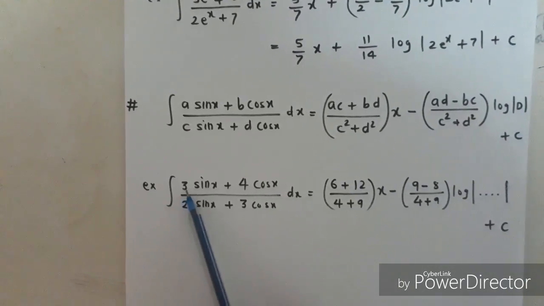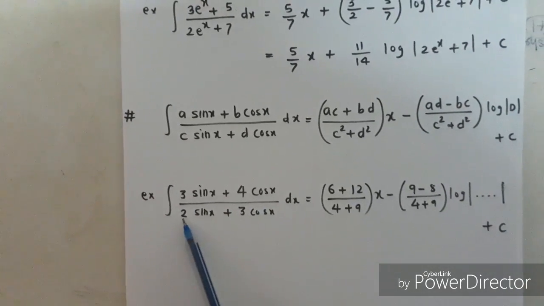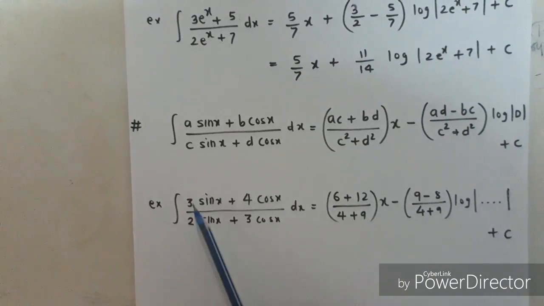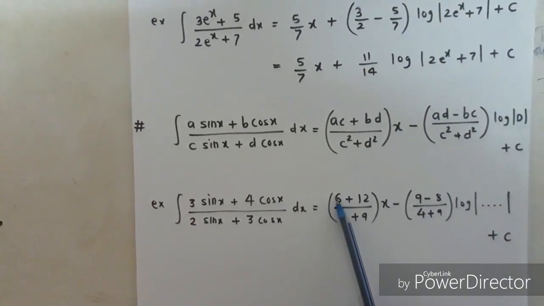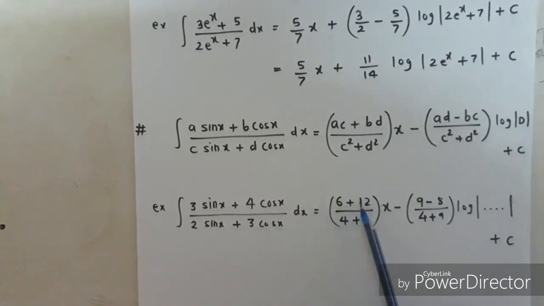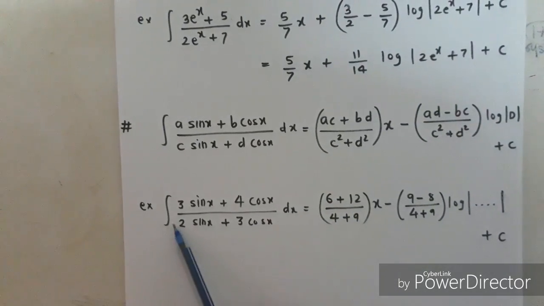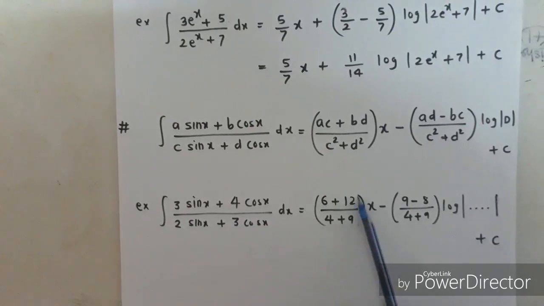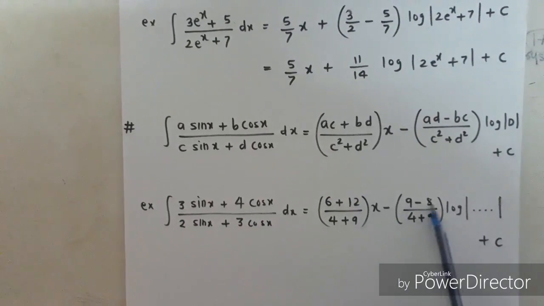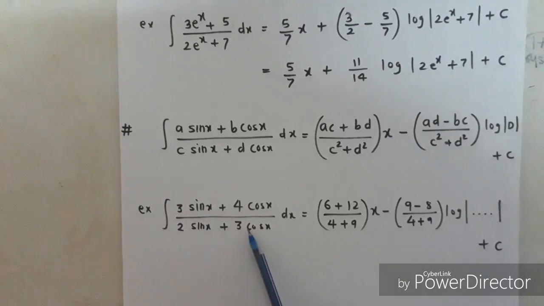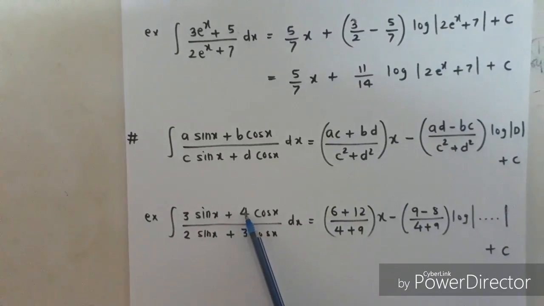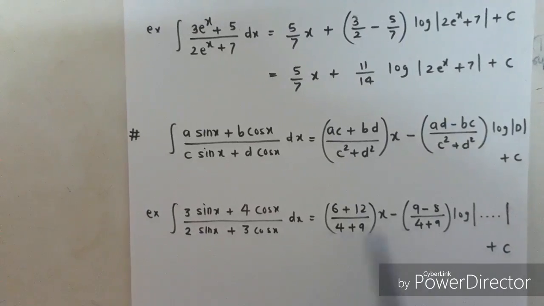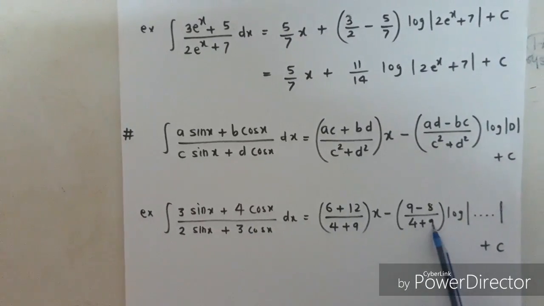For example, (3 sin x plus 4 cos x) divided by (2 sin x plus 3 cos x) dx. So it is (3 into 2, that is 6, plus 4 into 3, that is 12) divided by (2 square, that is 4, plus 3 square, which is 9) into x, minus the second term, which would be (3 into 3, that is 9, minus 4 into 2, that is 8) divided by (2 square, that is 4, plus 3 square, which is 9).